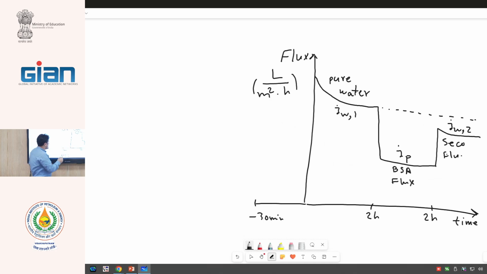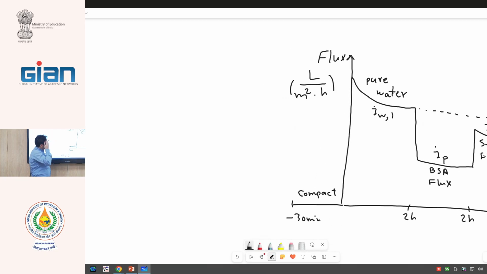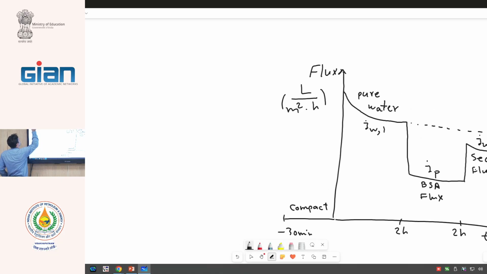Therefore, after that, we have a compaction. After this, we can calculate the fouling parameters.